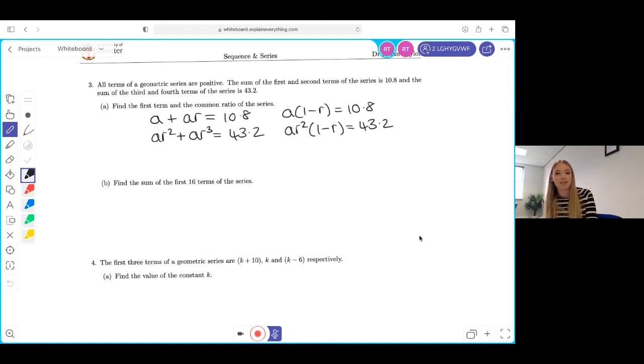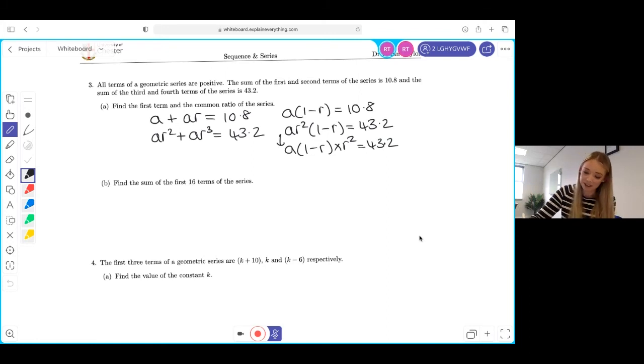A lot of people like to rearrange this for A and then sub that back in. But what I do with this one, there are a few things that are quite similar in both equations. So if I've got A times 1 minus R, this equation here is just times by R squared. That's the only thing I missed out there. And that was 43.2. But I know a value for A times 1 minus R from my first equation.